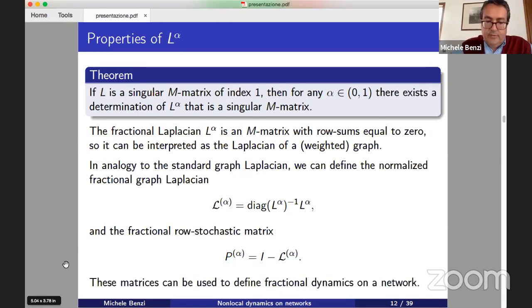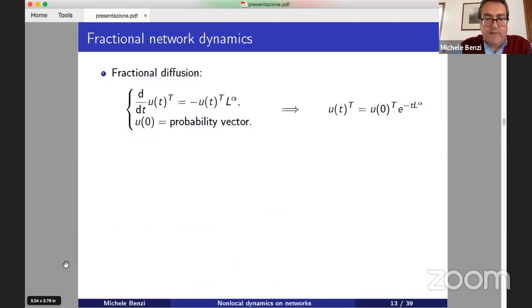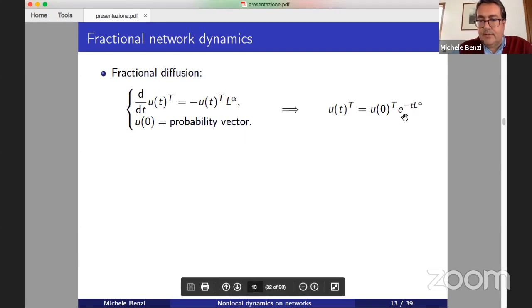So we use these matrices to define the fractional dynamics. For fractional diffusion, we just write exactly the same system of ODEs, except that now we will use L to the power alpha instead of L. And of course, we can solve this system of ODEs through the matrix exponential. The solution will be given by evolving the initial probability distribution in time by this matrix exponential, e to the minus t times L to the power alpha.